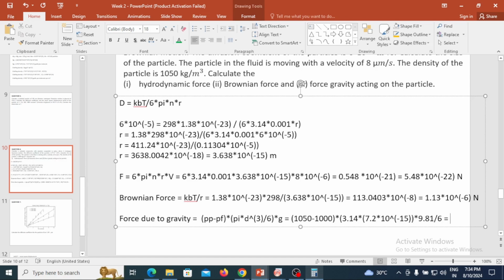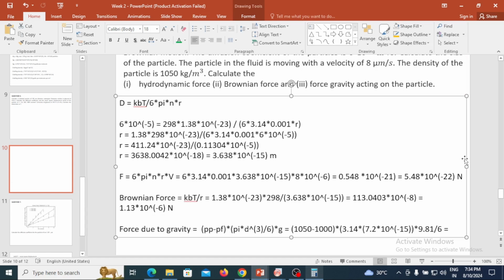I hope you will be able to calculate this. I am just going to leave it here because it's turning into just multiplication rather than anything else. So you can solve this, some Newton will come. I will leave it to you guys.